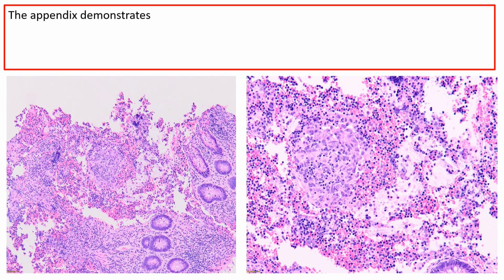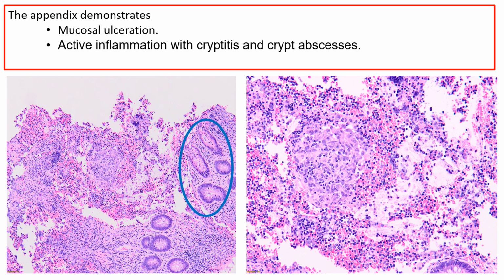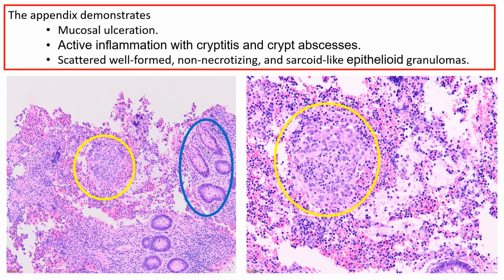The appendix demonstrates mucosal ulceration, active inflammation with cryptitis and crypt abscesses, and scattered, well-formed, non-necrotizing, and sarcoid-like epithelioid granulomas.